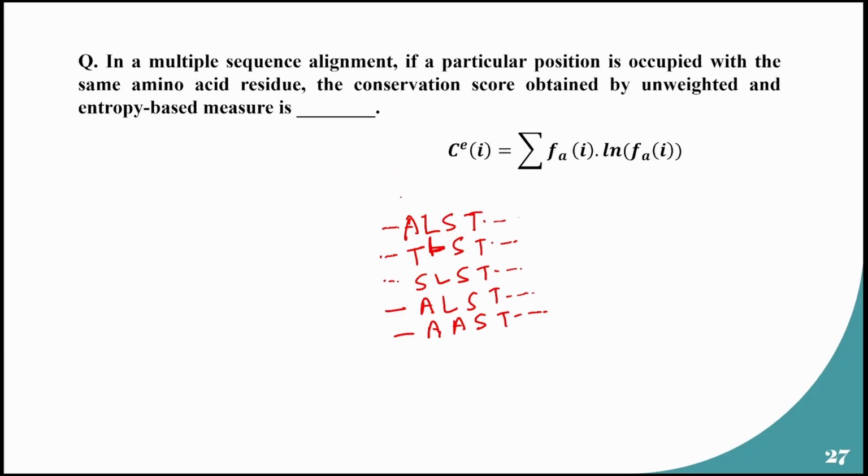So in this particular case, let's say this is a set of alignments. In the first position of this multiple sequence alignment, the amino acid for the first sequence is alanine, then for the next one is threonine, then serine, then alanine, then alanine again.